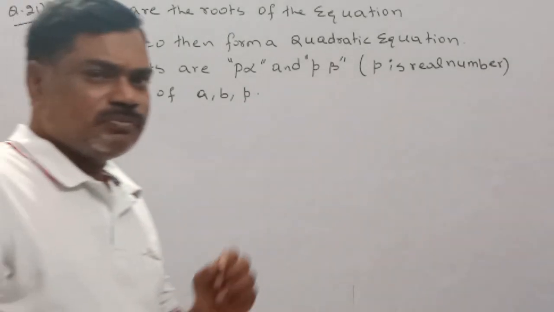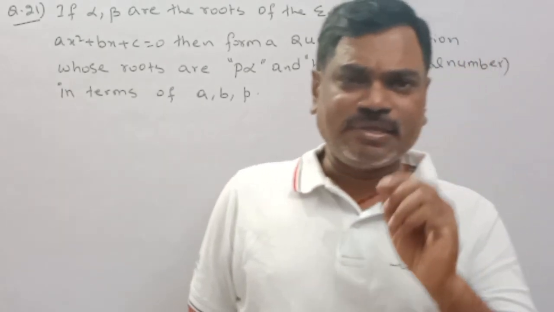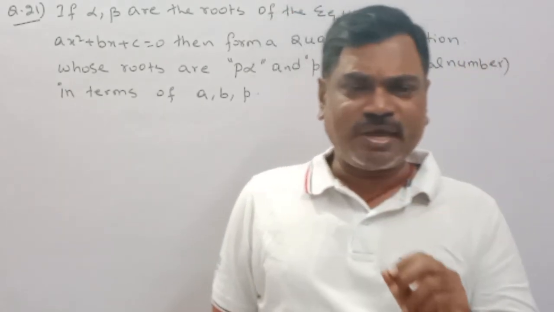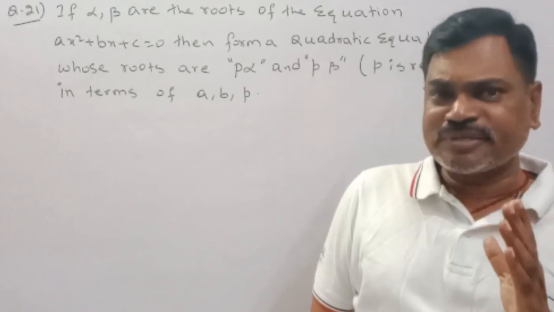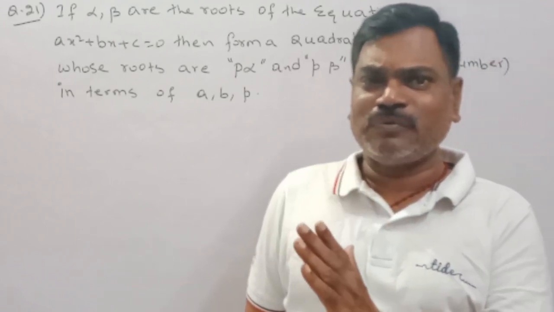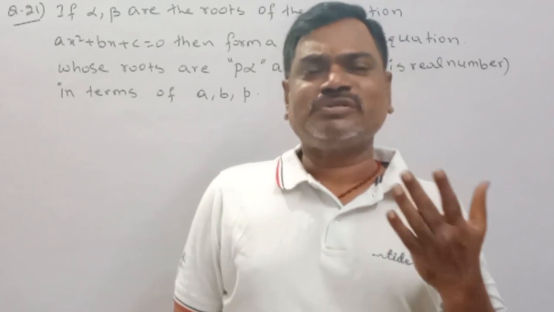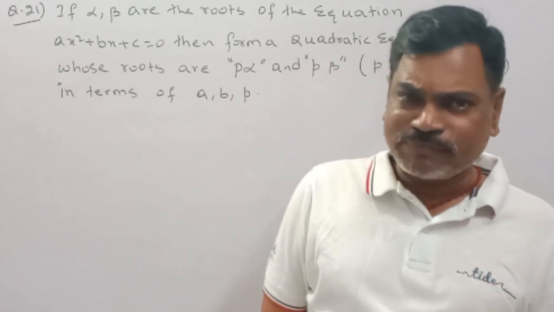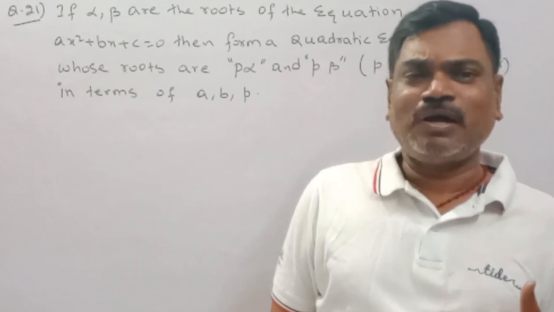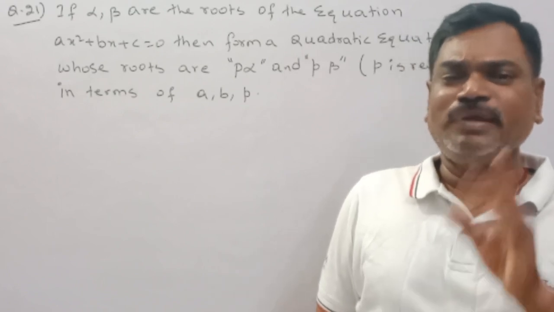So here we have to find a quadratic equation whose roots are p alpha, p beta, and the quadratic equation ax square plus bx plus c equal to 0 is given. Their roots are alpha comma beta. So from that information we have to form a quadratic equation whose roots are p alpha and p beta.